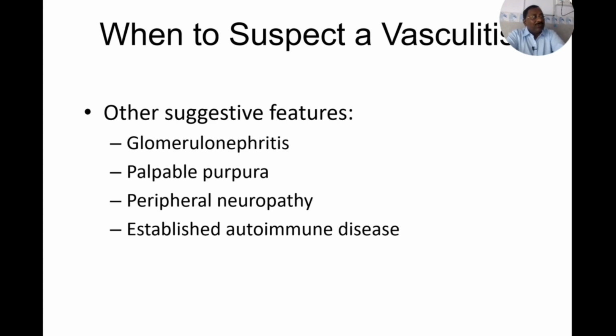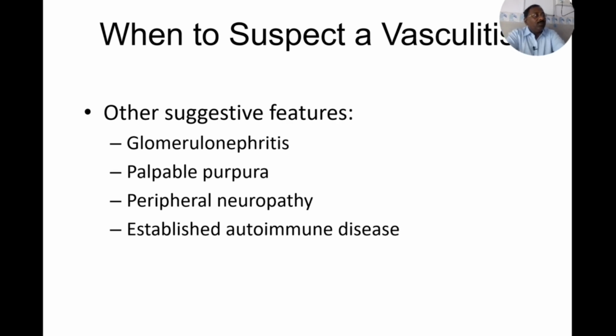What are the other suggestive features? When a patient presents with glomerulonephritis, why not think it is a vasculitis? Is it only the glomerulus, or is there involvement of the lung also? So there is a pulmonary and renal involvement, or sometimes involvement of the pericardium, pericarditis, etc. So the palpable purpura is always one differential diagnosis for vasculitis, and peripheral neuropathy is also very common in medium vessel vasculitis and small vessel vasculitis.